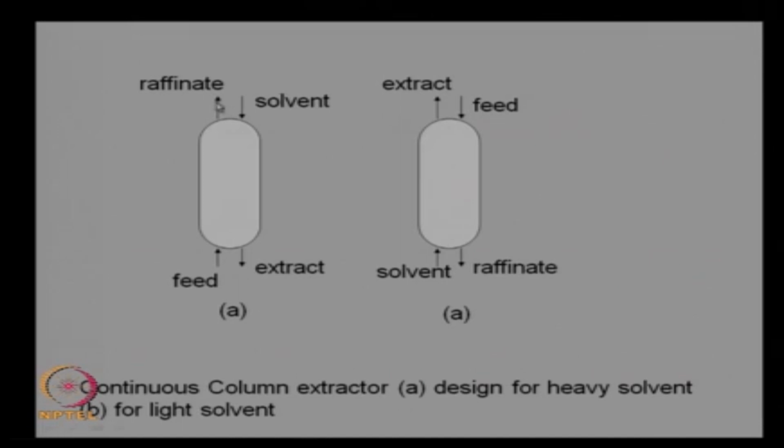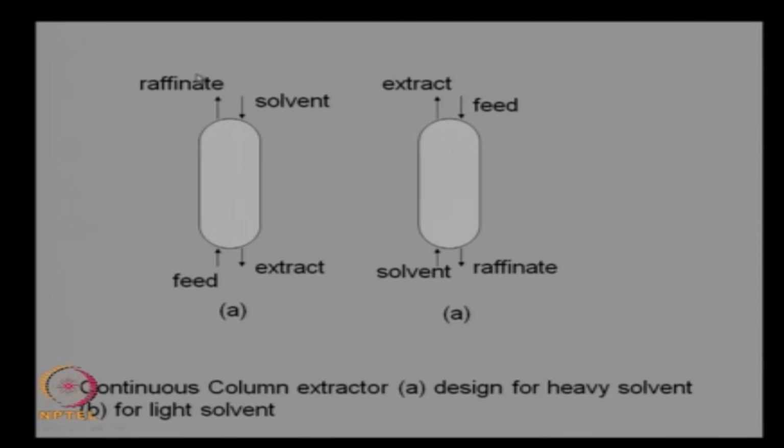countercurrent type of system, where the solvent flows in one direction and your feed flows in another direction. If your solvent is heavy, then you add the solvent from the top, and it comes down, it picks up your solute, it extracts your solute, so it comes out as an extract, and your feed travels upward and comes out as a raffinate.